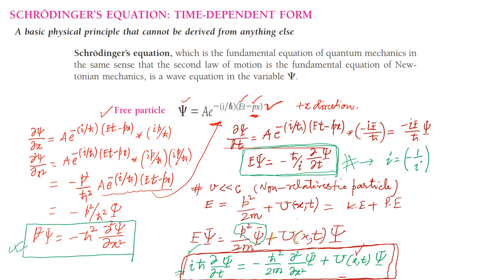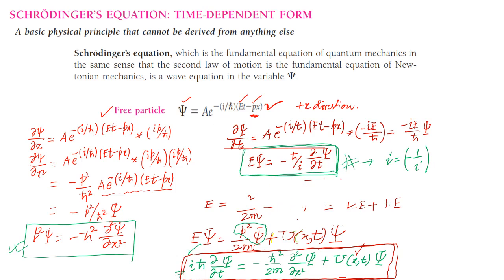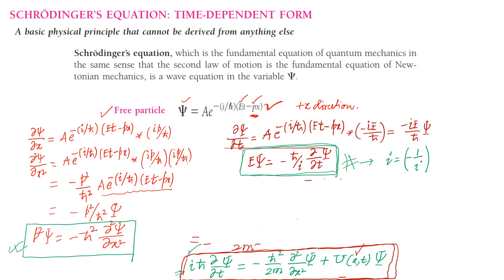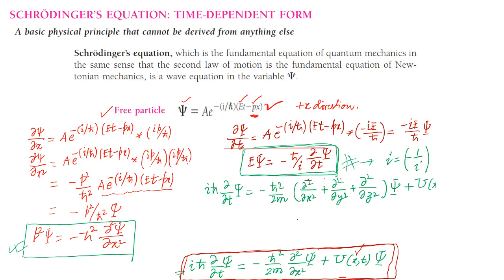Okay, so if I try to write it in 3 dimensions, we can write this equation as i h cross del psi by del t is equal to minus h cross square by twice m, and then we have del square by del x square plus del square by del y square plus del square by del z square of psi, and then I have U x y z psi.